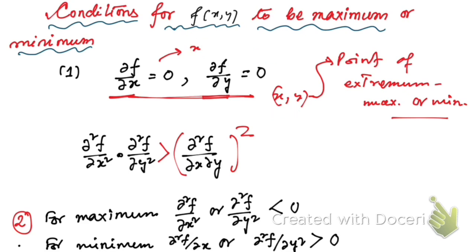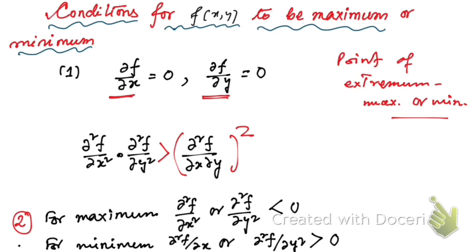It may be a point of minimum or a point of maximum. Now one more condition: sometimes we may get multiple points, depending on the type of equations we get.